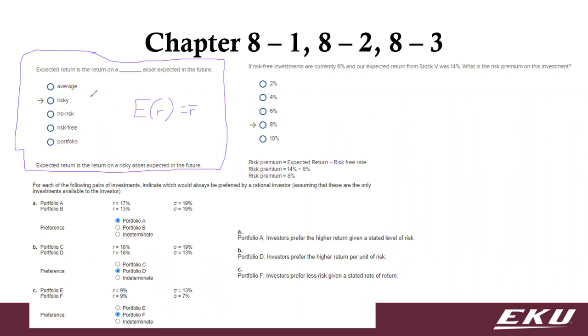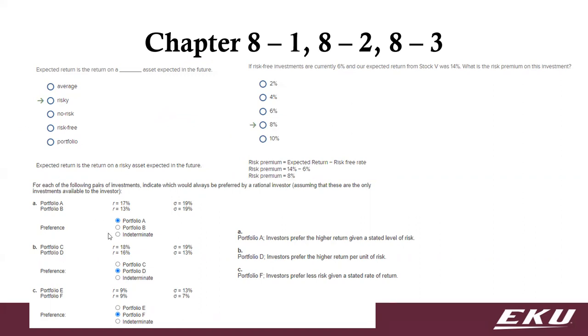If it's expected, that means there's some uncertainty, so it's risky, and there's going to be some of that around it. This next one, we're just looking at the risk-free pays this, the expected return is this, and so just 14 minus 6.